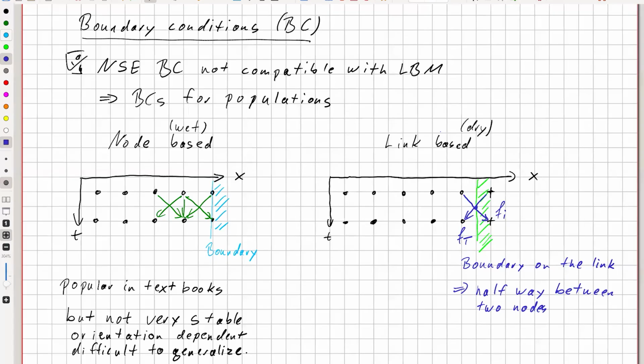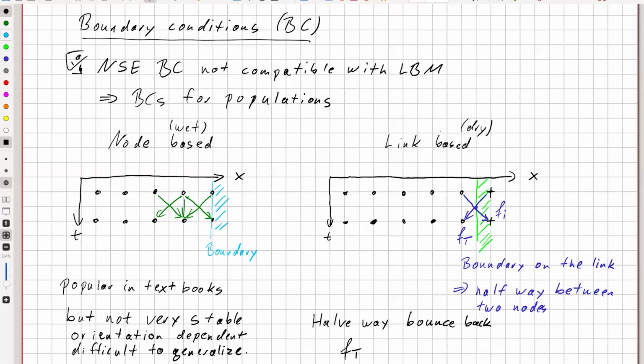So the very simplest boundary condition that you can imagine is if you just return the population that went out. This leads to the simple boundary condition that we call the halfway bounce back boundary condition.